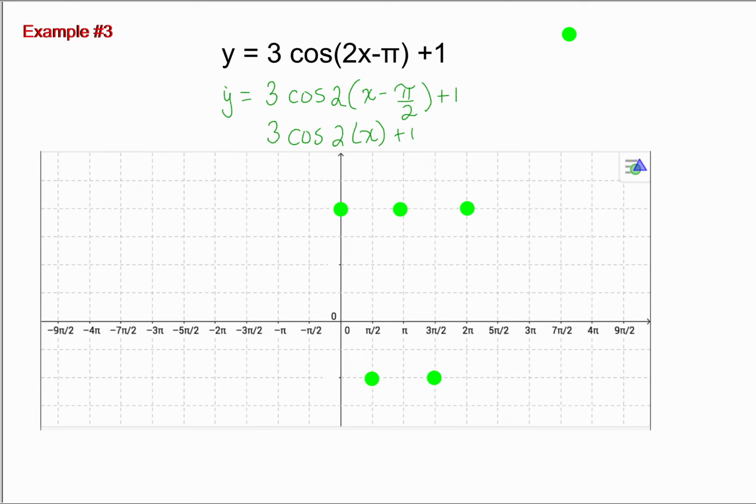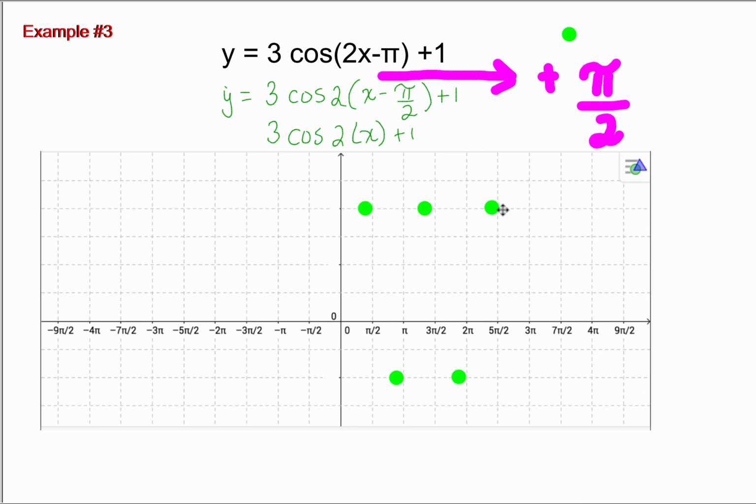So my phase shift, remember here, is minus, so that means we're going to the right as a horizontal shift, plus pi over 2 spots. So everybody moves 90 degrees. And since my grid is set up as 90 degrees, if I drag one 90 degrees, they all move.